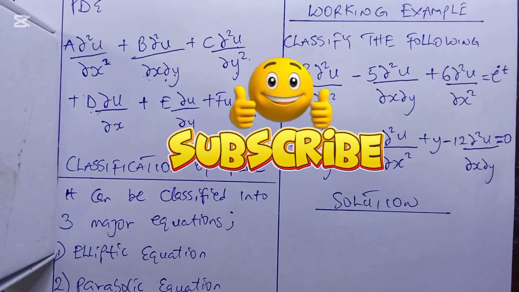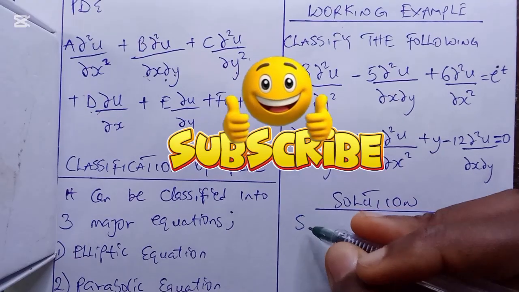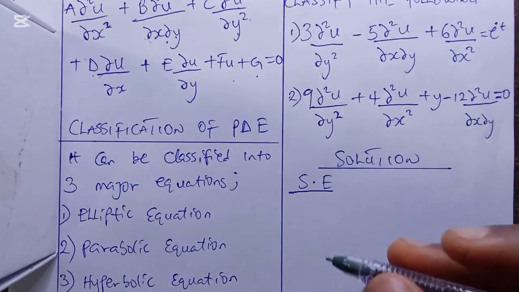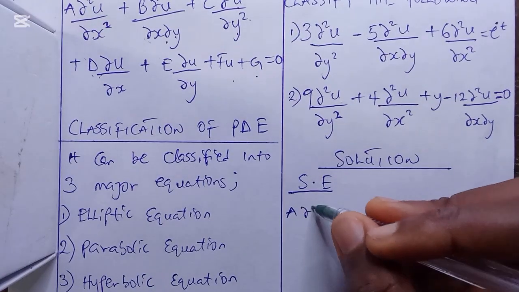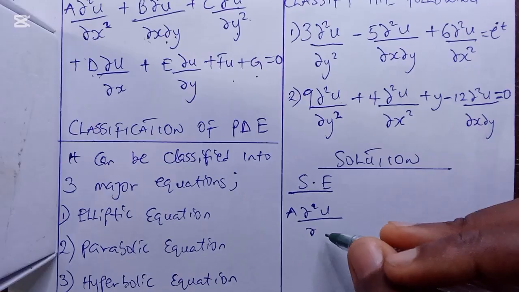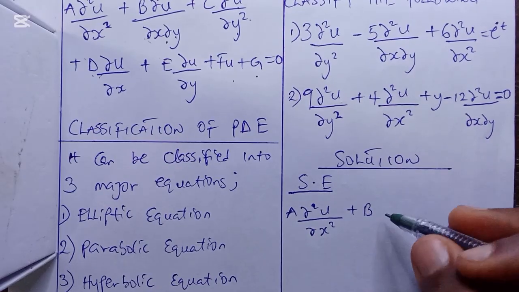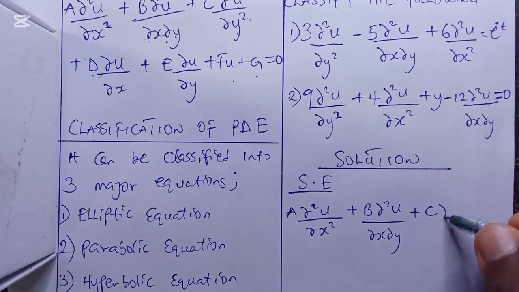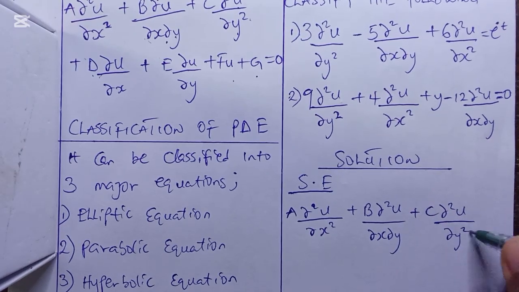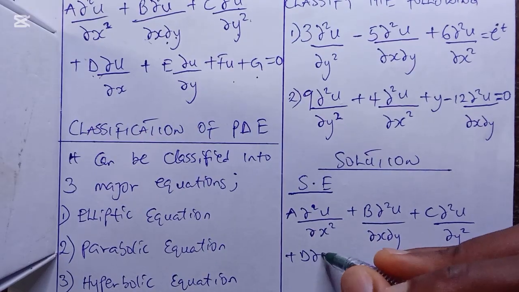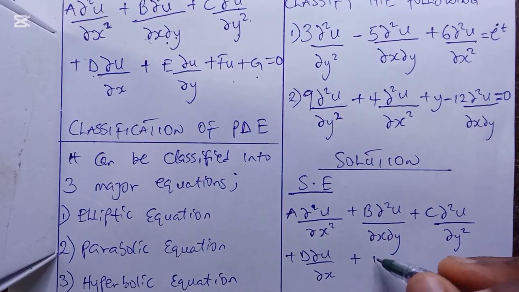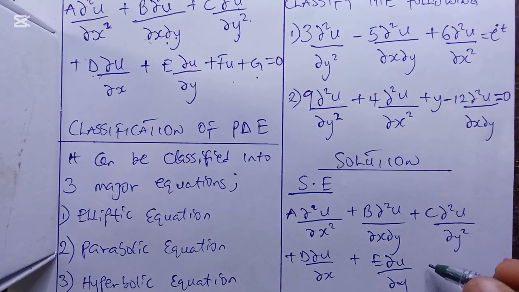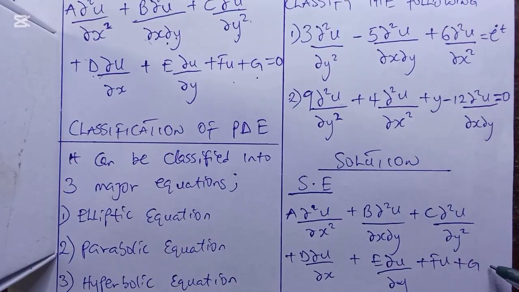Okay, so we have the solution. What's our standard equation? Let's call it SE. Our standard equation is a partial square u over partial x square plus b partial square u over partial x partial y plus c partial square u over partial y square plus d partial u over partial x plus e partial u over partial y plus fu plus g equals 0.